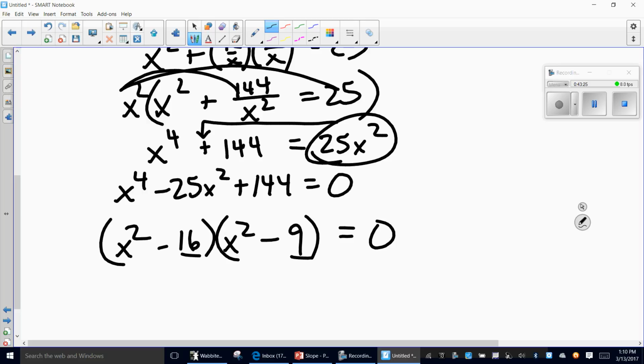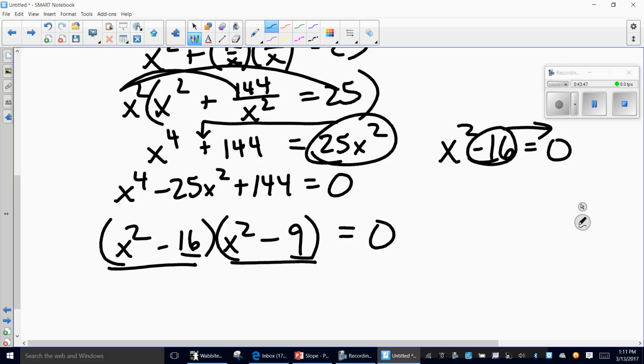Here's what I did with my second block. If we don't know what x is, like sometimes it's easy, you just take the opposite. But this one's different because it's an x squared. What do we do to each piece? We could set each piece equal to 0. X squared minus 16 equals 0. And you can move this over and get x squared equals 16. And then you could do what?